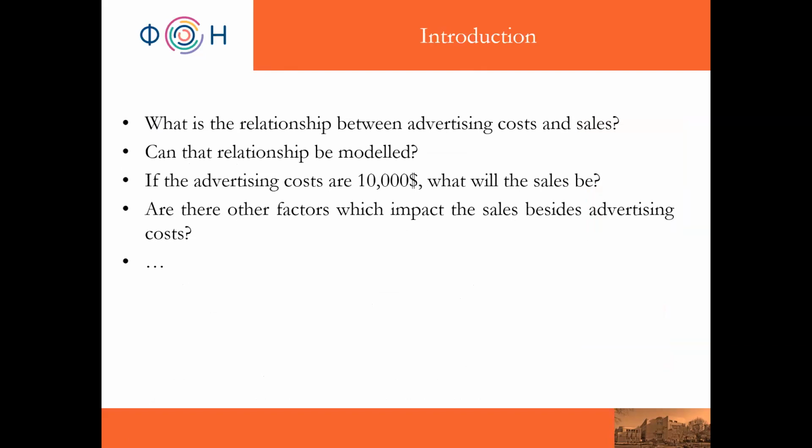We can be interested in the strength of that direction. But what is also quite interesting and important for us is to see, can we create a statistical model between the two variables and later use that model for predictions. So if the advertising costs are $10,000, what will the sales be?